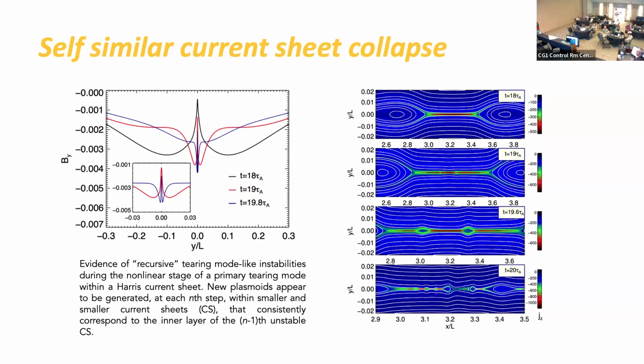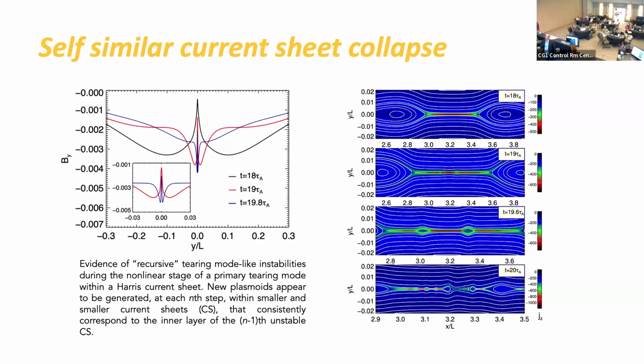At later times, though, you see the red line. It does some wiggling in there. And then at later times, but notice the times are getting closer, 18 Alfvén times, 19 Alfvén times, 19.8 Alfvén times, it becomes even thinner. So we said, let's blow up that central part.